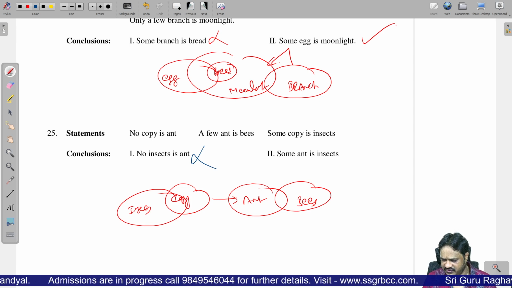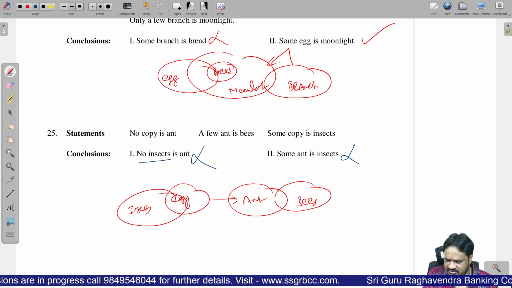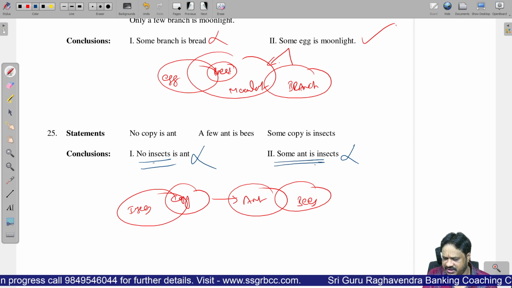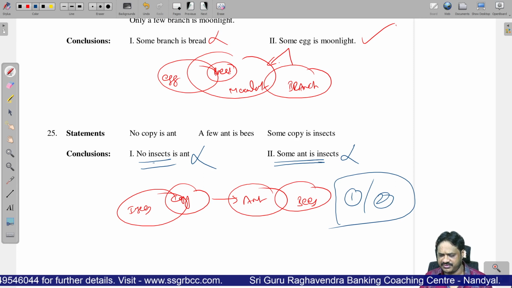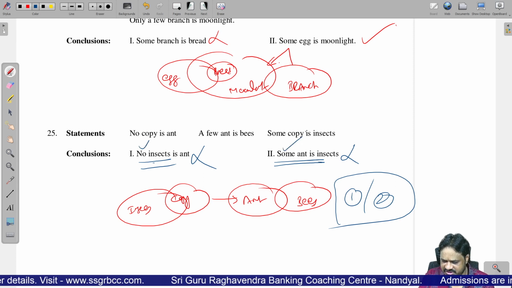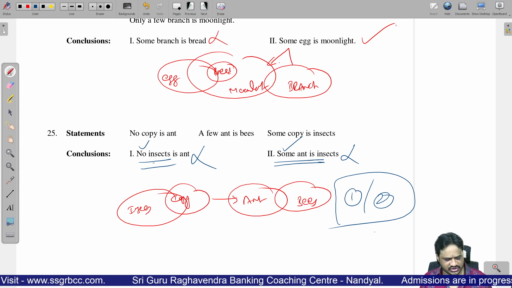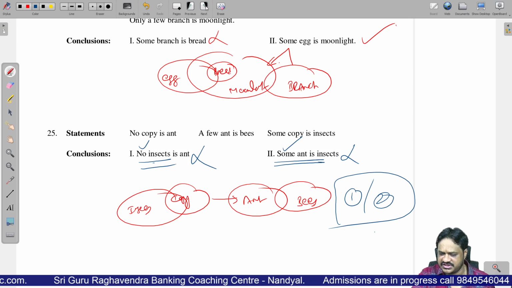Therefore, that does not follow. Some ant is insect also does not follow. But these two are called complementary pairs. So answer is either one or two follows. Why? Because there is no relation between ant and insect. One no statement is given, one some statement is given. These two are called complementary pairs. So answer is either one or two. Let us see the next question.